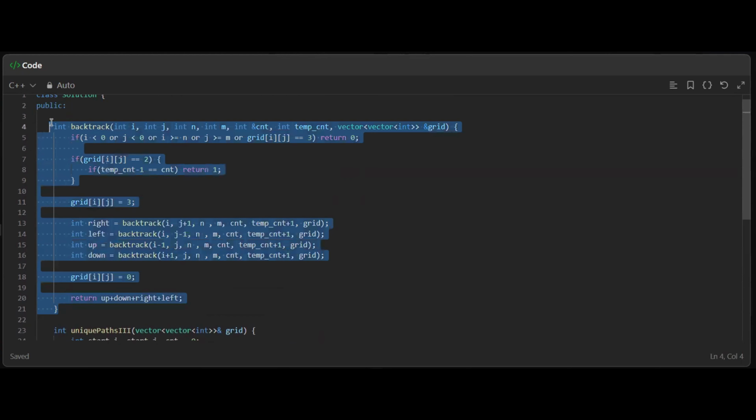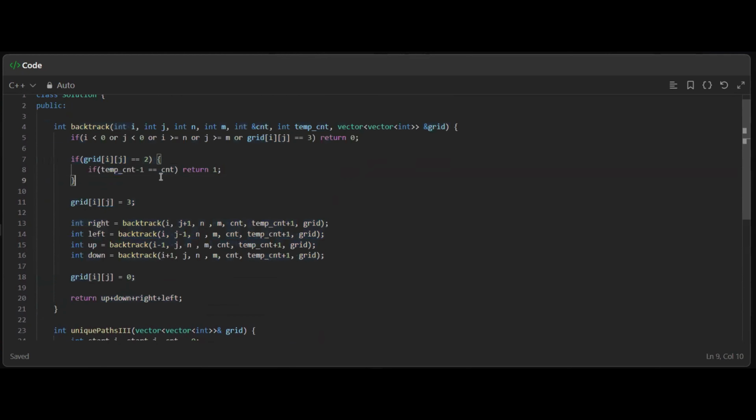Now, this is the backtracking function or the DFS function. Suppose we are present in a cell, and currently we have to check if our current i and j are out of bound or not. If it is out of bound, or we have visited this cell before, in this case, we have to return 0.